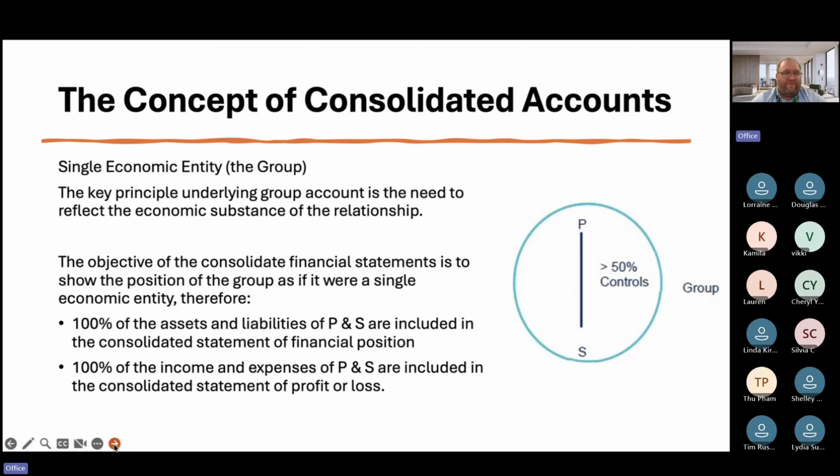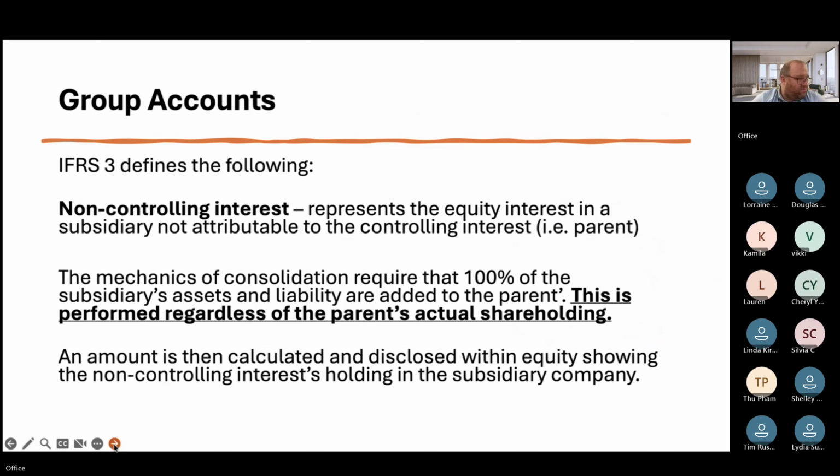So I mentioned IFRS 10. We also have another accounting standard when we're looking at group accounts and consolidation, known as IFRS 3, business combinations. That's what the standard covers, and it defines this thing called non-controlling interest.